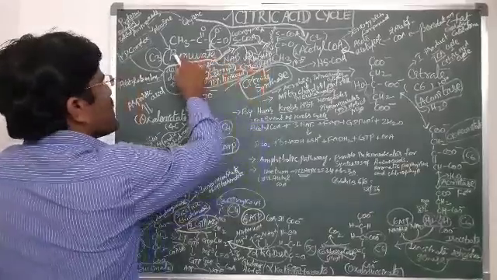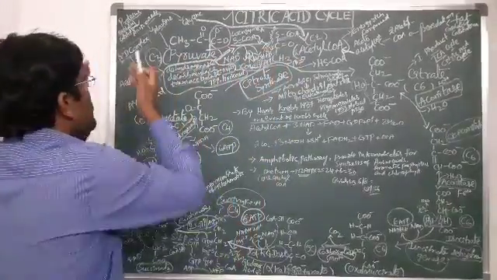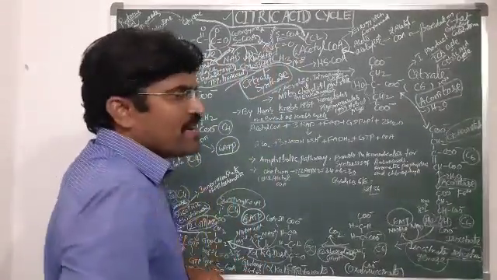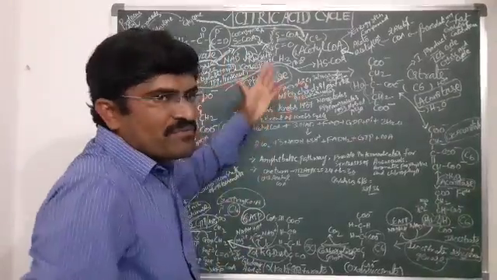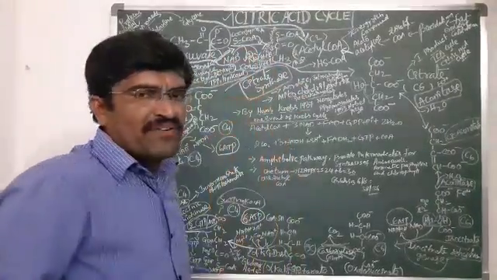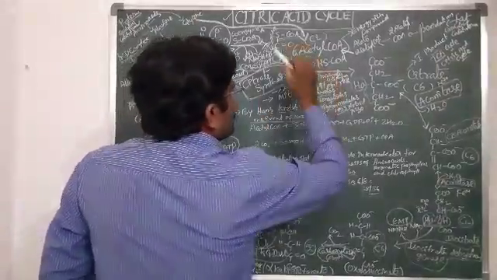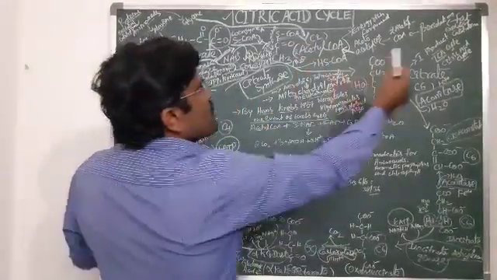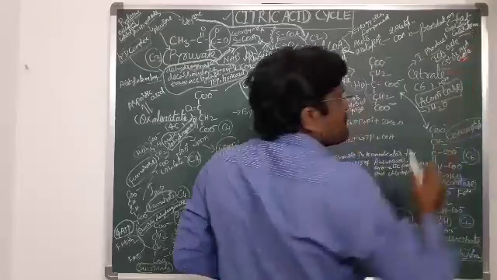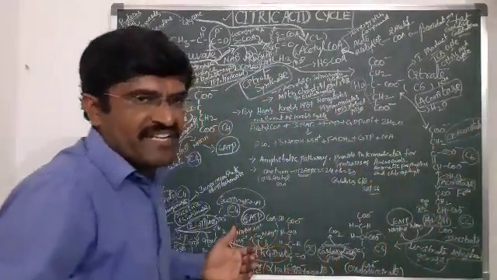So pyruvate is converted to acetyl-CoA with the help of the pyruvate dehydrogenase complex, and after formation, this acetyl-CoA enters the matrix of the mitochondria. This is also interlinked to fat oxidative catabolism. Fats are very lengthy fatty acids.